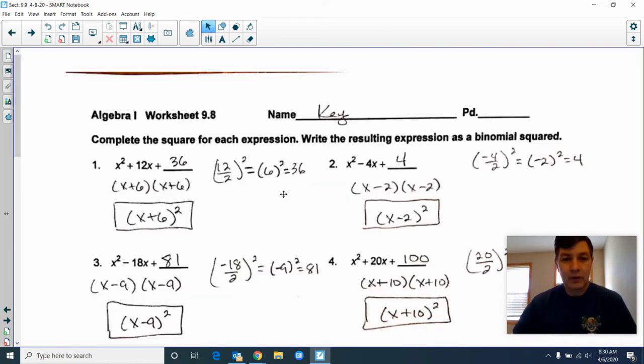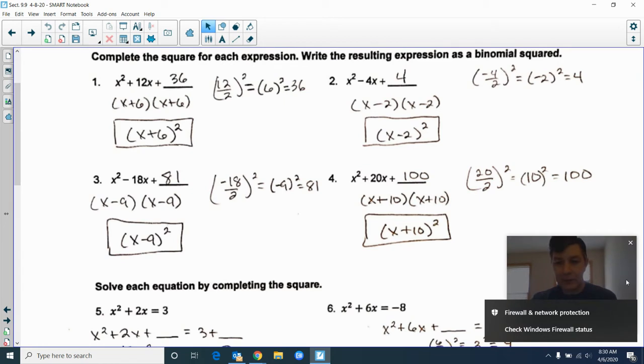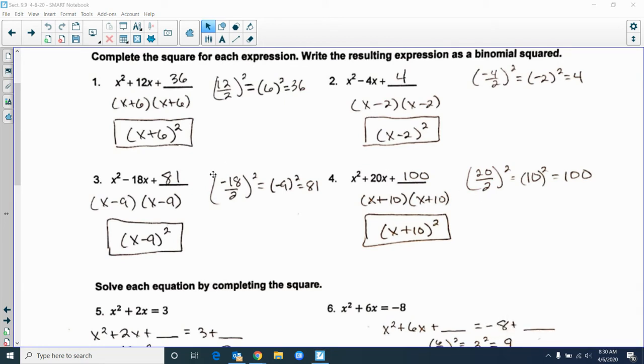Now, from section 9.8, the homework, I just want to go over that. I'll post this on the actual homework assignment as well, and we'll go over it the next class. But here are your answers. When you're completing the square, remember, you take half of that b value, and then you square it, and that's what goes into that spot. That allows us to do 6 times 6 is 36, 6 plus 6 is 12, and it gives us a quantity squared.